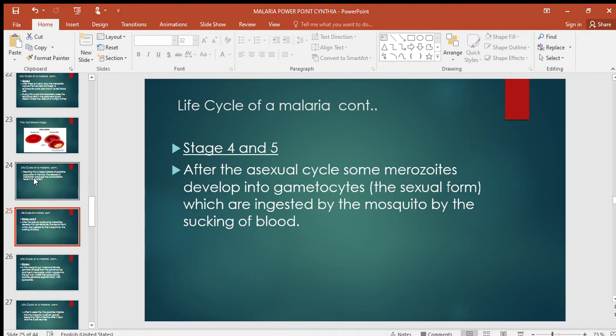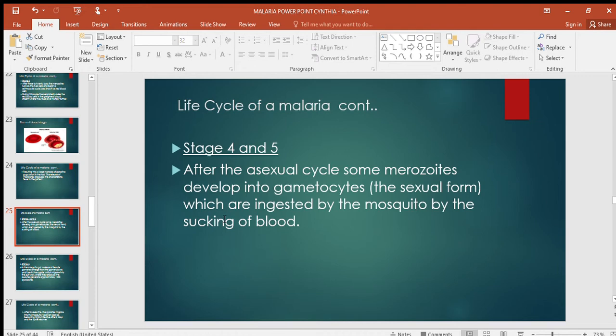So when it comes to stages 4 and 5, after the asexual cycle, some merozoites develop into gametocytes, the sexual form, which are ingested by a mosquito sucking the blood. During the 4th and 5th stages, we see that the merozoites have now started to differentiate. They develop into sexual cells, the gametocytes.